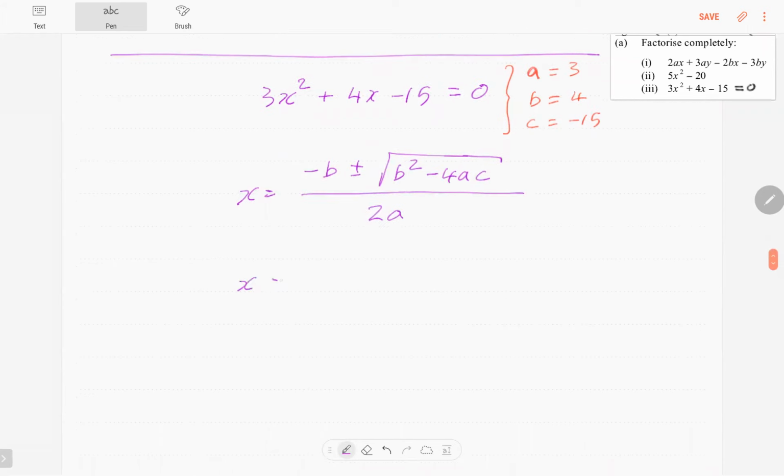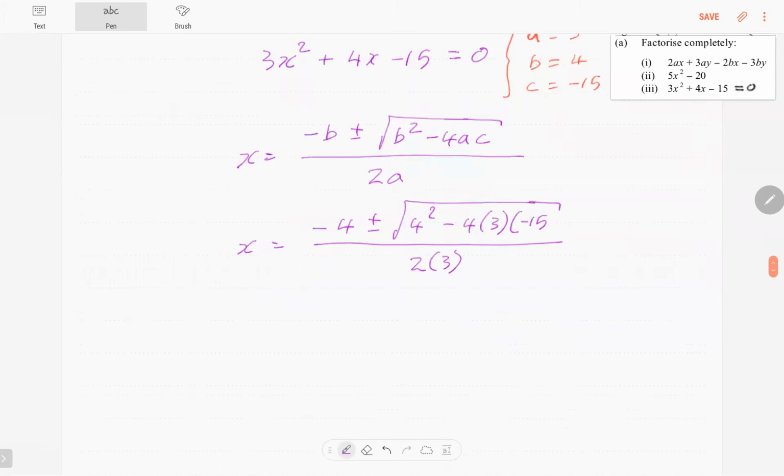So x equals minus b. The b is 4, plus or minus the square root of b squared, that is 4 squared, minus 4 times the a, which is 3, times the c, which is negative 15, all over 2 times a, which is 3. All right, you take your time and work out these values now.